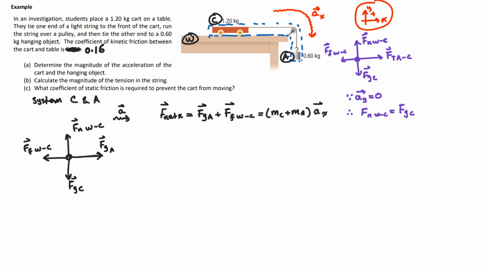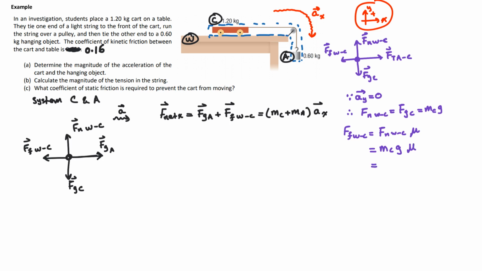So force of friction from W to C will equal the normal force W to C multiplied by mu. The normal force is equal to the gravitational force acting on C, and this is equal to, I'll just write it down, mass of C times G. So this is going to equal mass of C times G times mu.